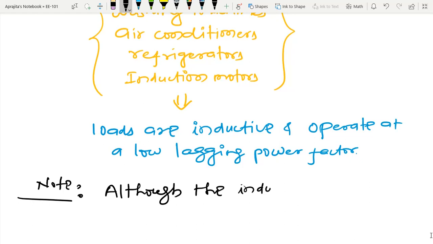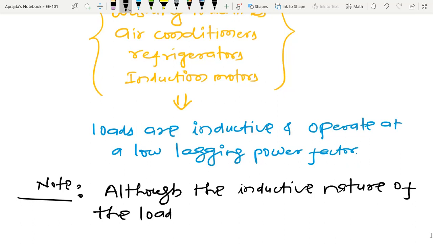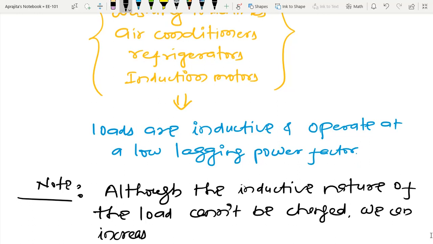So all the inductive nature of the load cannot be changed, but we can increase its power factor, and we have already seen that.